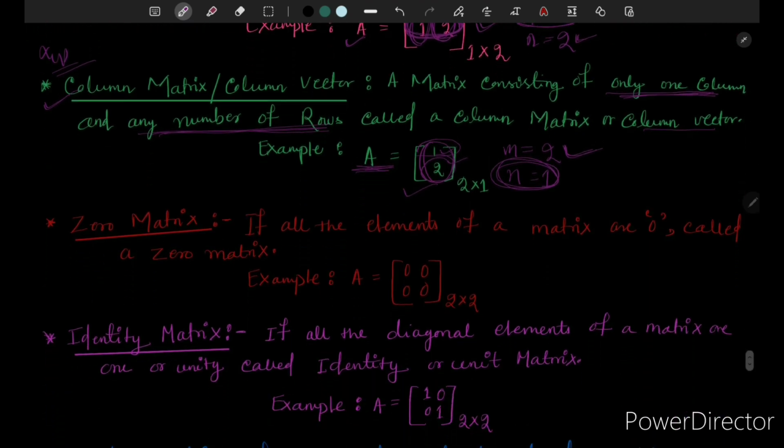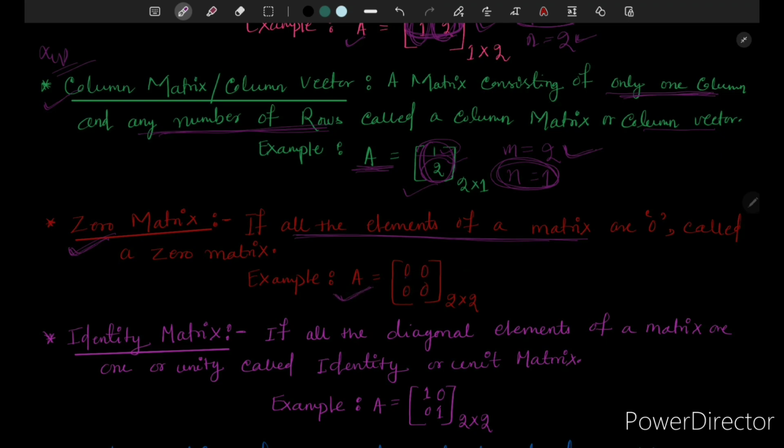Then another type of matrix is called a zero matrix. What is a zero matrix? If all the elements or entries of a matrix are 0, then we can call it a zero matrix. Here you can see the example A equals 0 0 0 0.